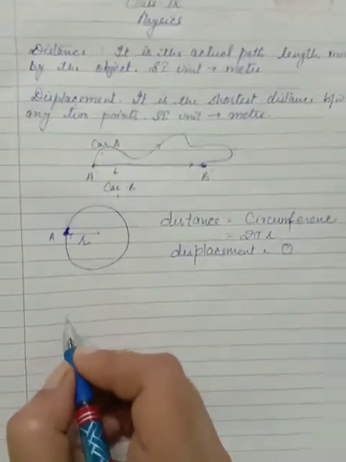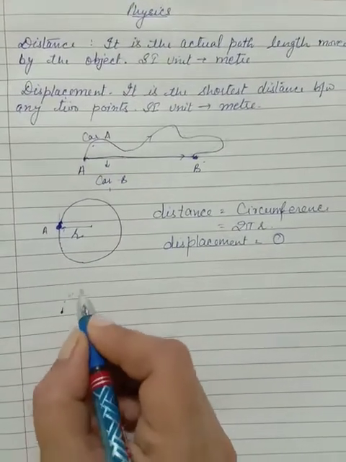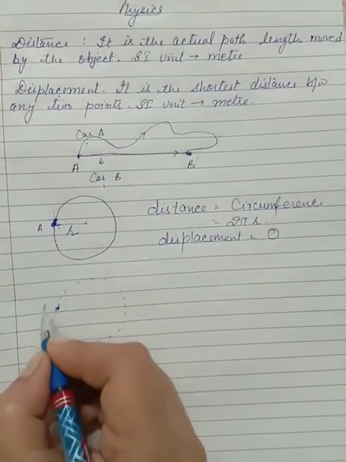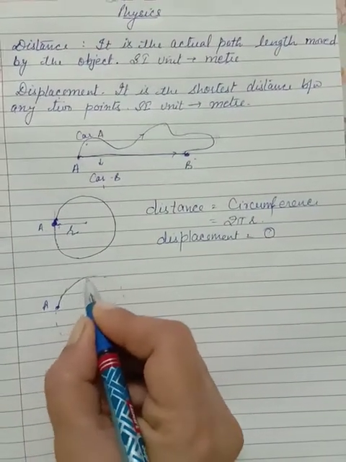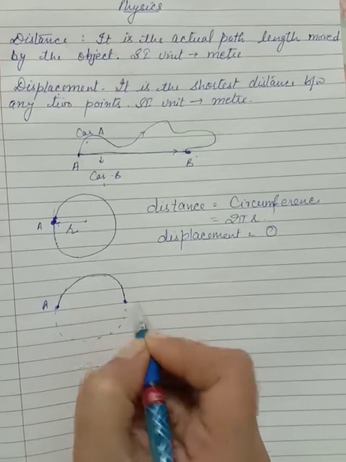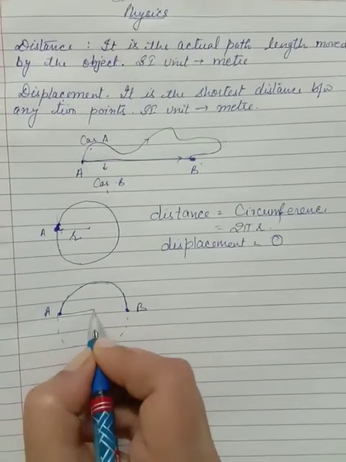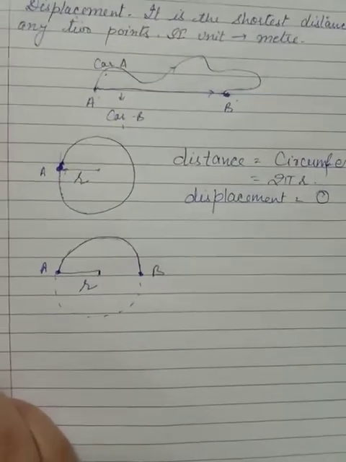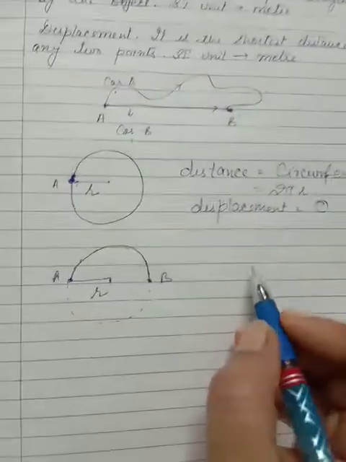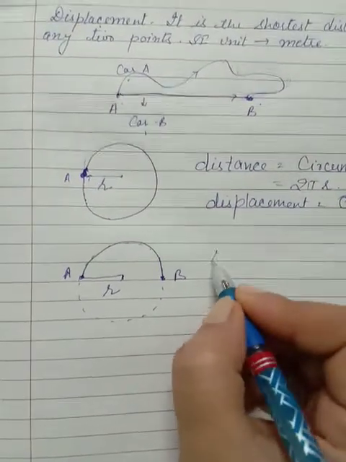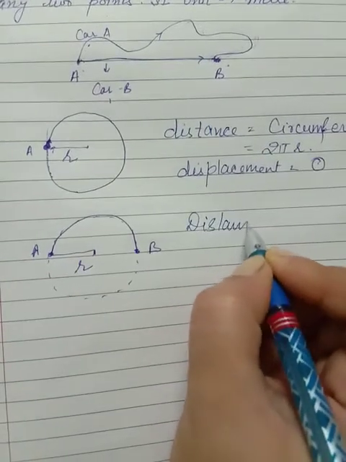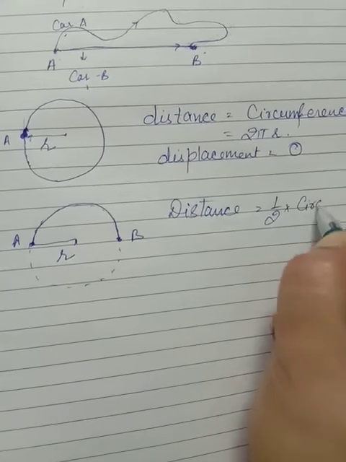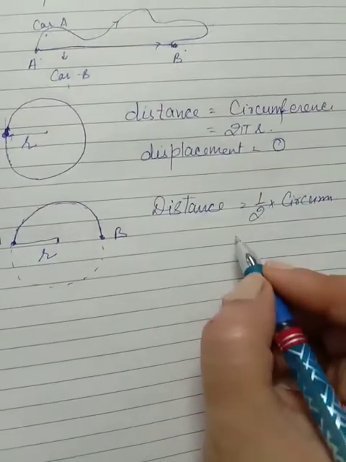One more example I am taking. Suppose there is a circular track, and the same athlete starts from point A, and after moving through half of the circle he reaches point B. If R is the radius, and anybody asks you how much is the distance covered, distance moved will be equal to half of the circumference.